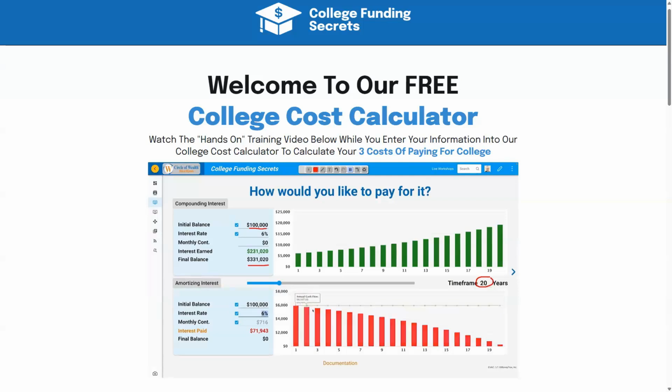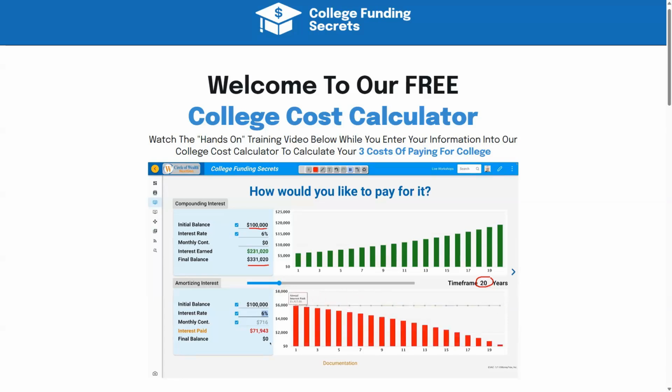Now, over that same 20 years, if I had a 20-year loan payment, as you can see, my interest is actually going to go down every year that I make a payment. As my account balance gets smaller and smaller over those 20 years, the actual annual interest paid is going down until eventually that loan is paid off.